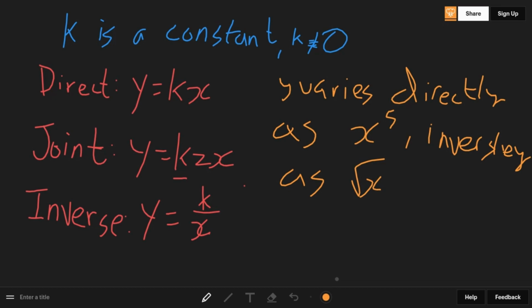So then we're going to end up with something looking like x to the fifth here, but then actually no, not root x. Let's say we have root z. So now we'll be left with over root z.